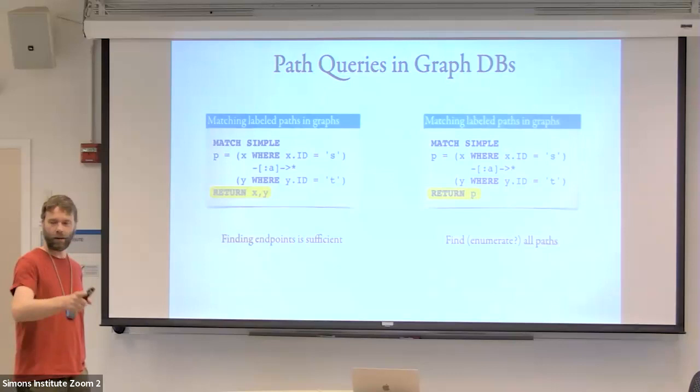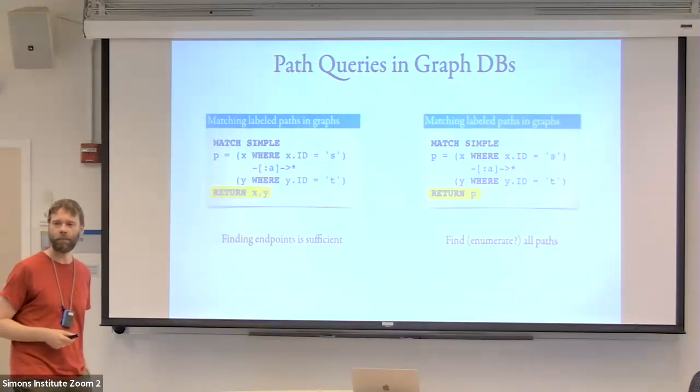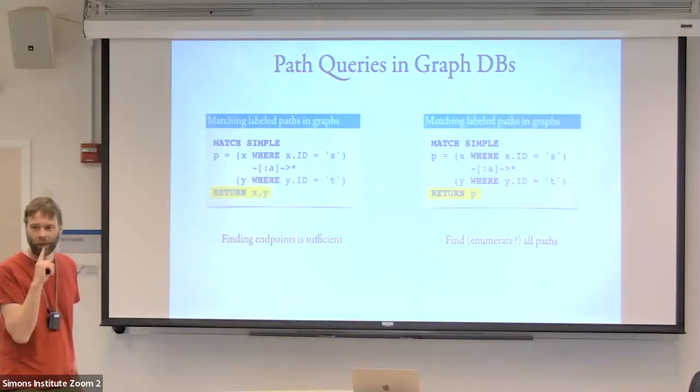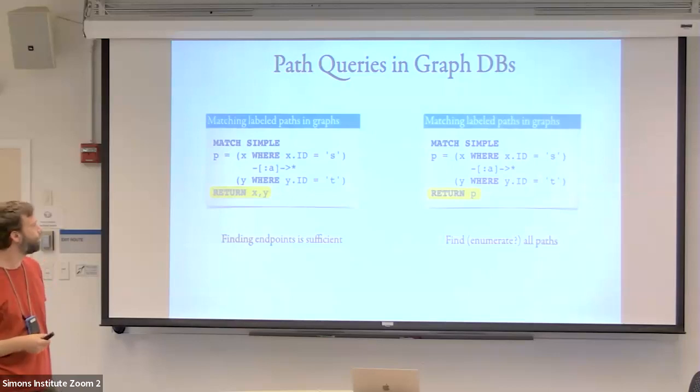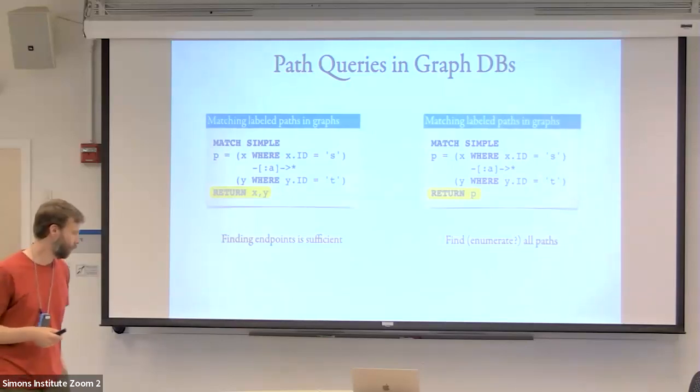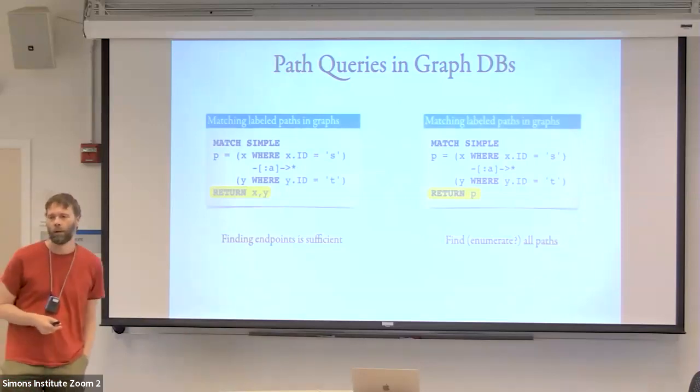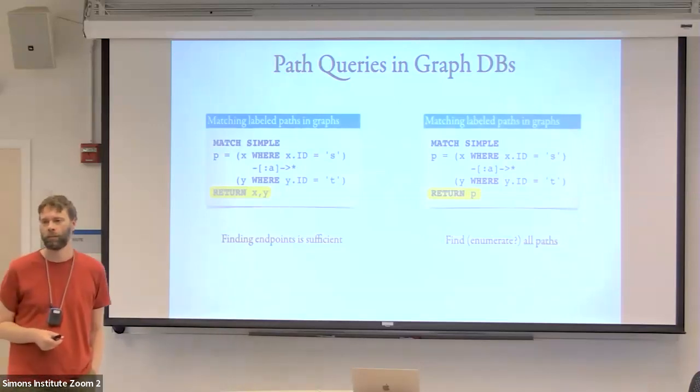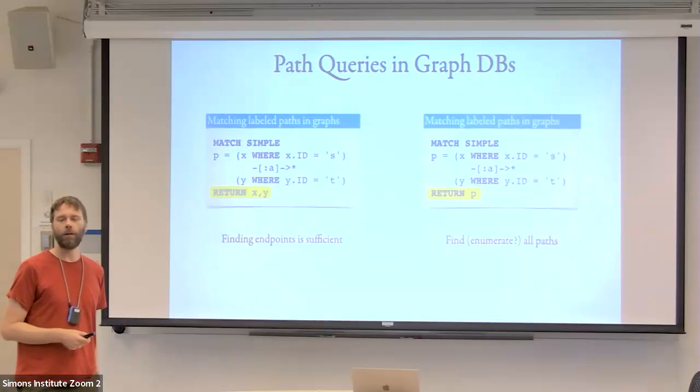Yes. So can I also give 3 points, S, T and something in the middle? And the question is, does this middle point belong on the paths from S to T satisfying the regular expression? Yes, you can also add things like this in the language.